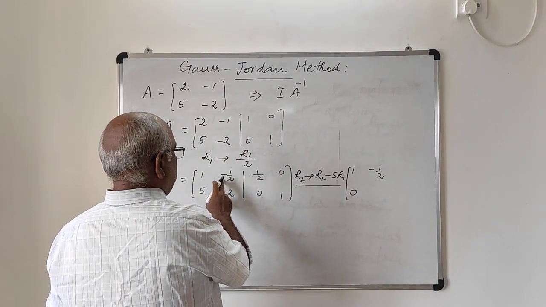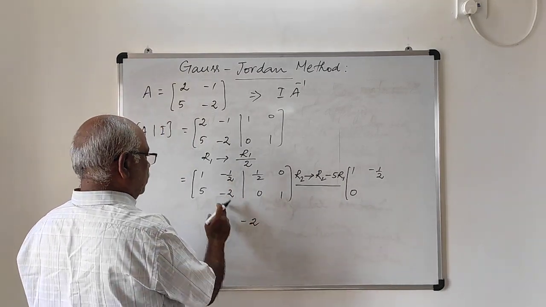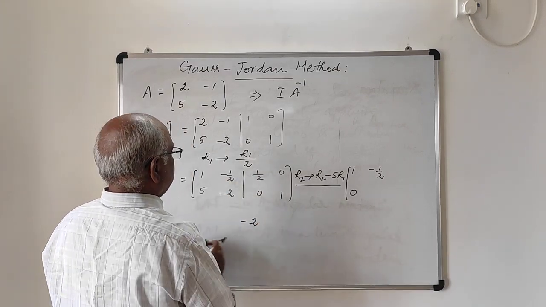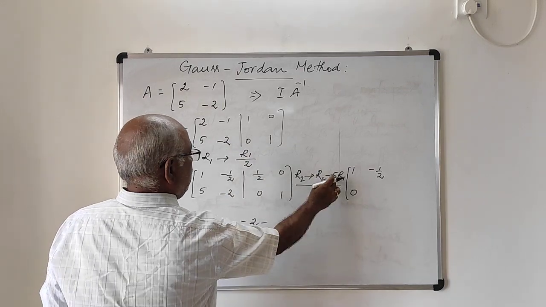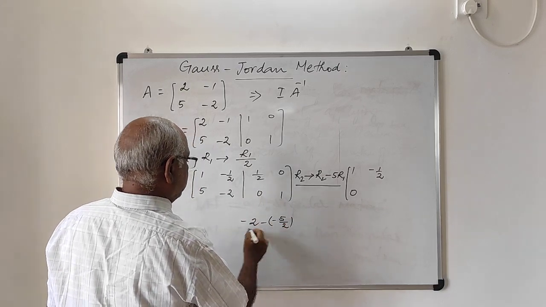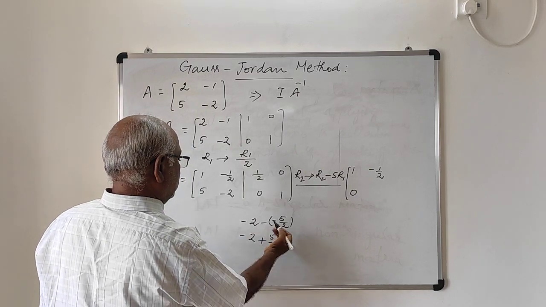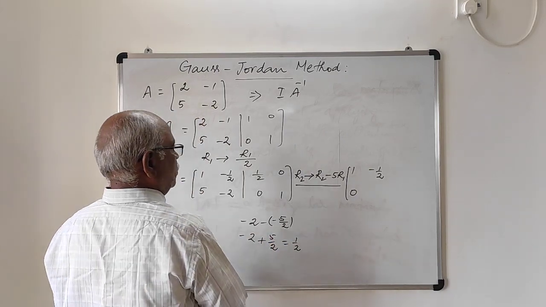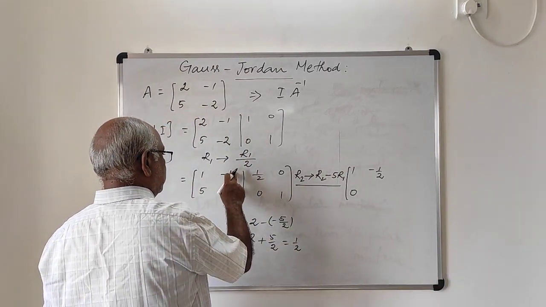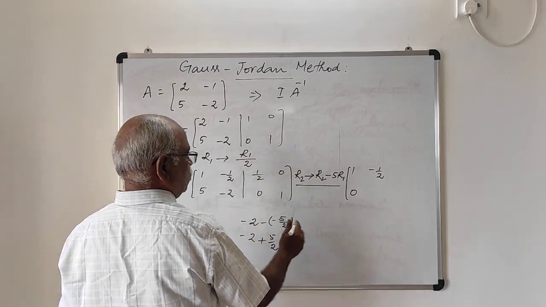Then the next element: R2 has minus 2, and 5 times R1's element is minus 5 by 2, so minus 2 minus of minus 5 by 2, that is minus 2 plus 5 by 2. That is minus 4 plus 5 over 2, which equals 1 by 2. So this minus 2 becomes 1 by 2.